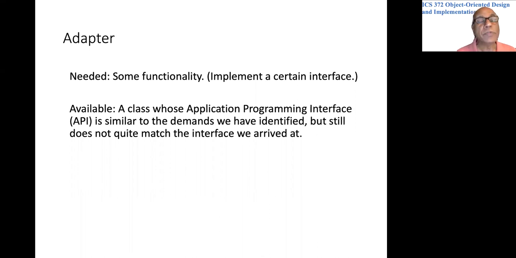One option is to start from scratch, write all the code from first principles, and that is probably going to take a lot of time. An alternative would be to use an application programming interface which does a great deal of what you want to achieve, but not quite what you want.